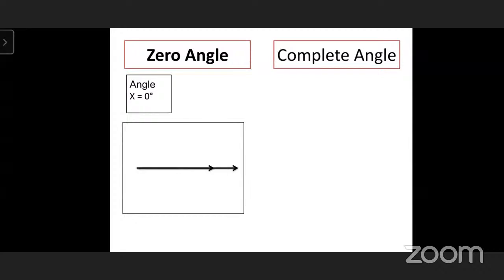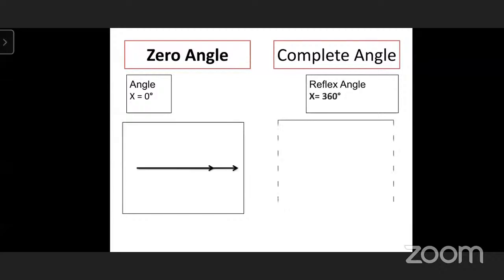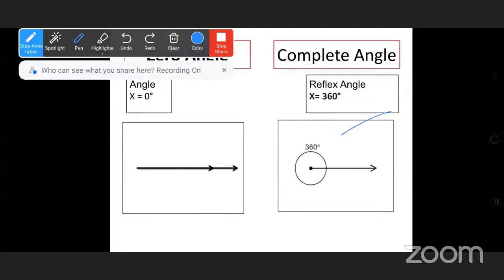And what is complete angle? Now see the difference between the two. Complete angle means here the measure of the angle will be 360 degrees. Now see the difference. Again, there is an overlapping. Here also the first half overlaps with the second half. But the difference is here you can see the angle.